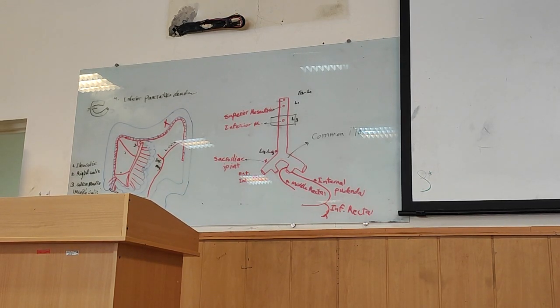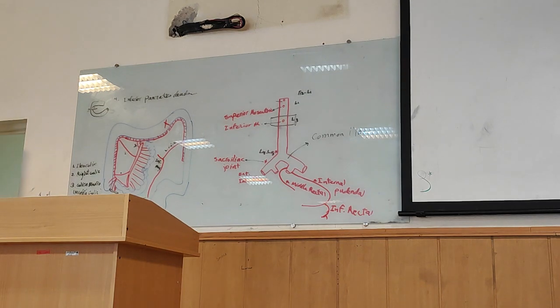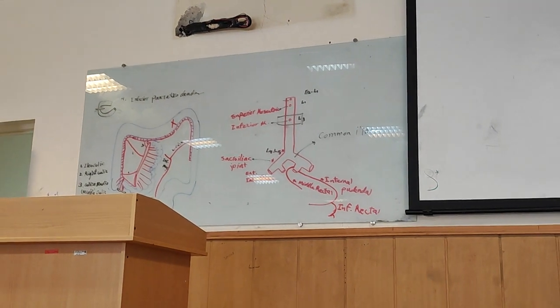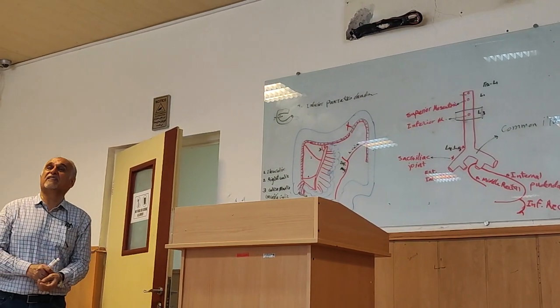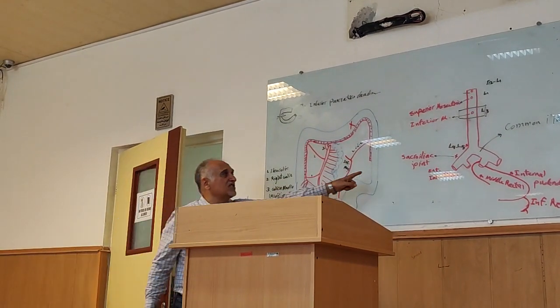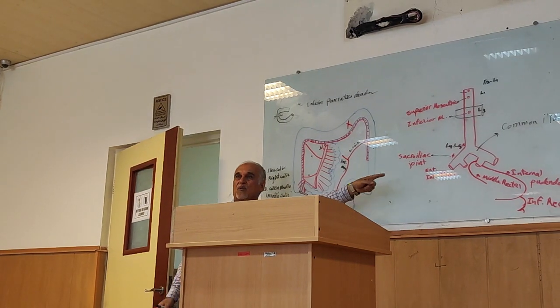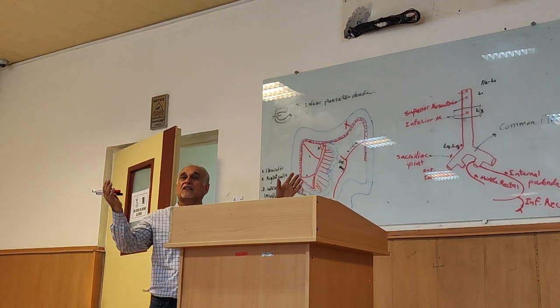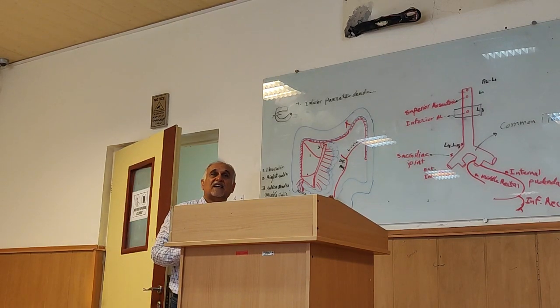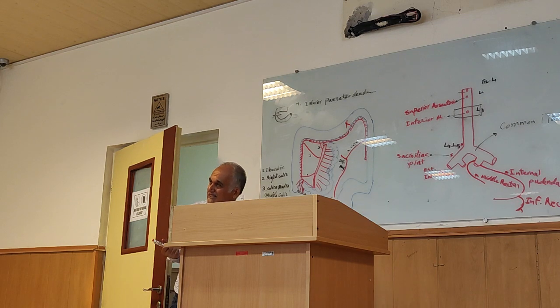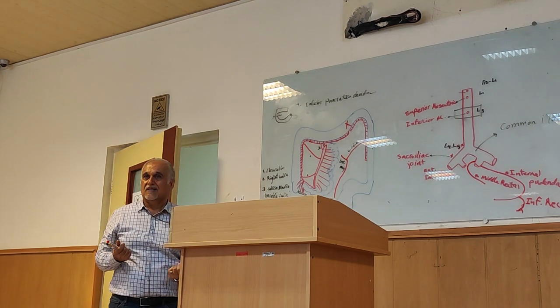Internal pudendal has a branch that is inferior rectal, and superior rectal was the end part of the inferior mesenteric when it crosses the pelvic ring, the sacroiliac joint. In practical class, if I show you this part and you write inferior mesenteric, it means you made a mistake.